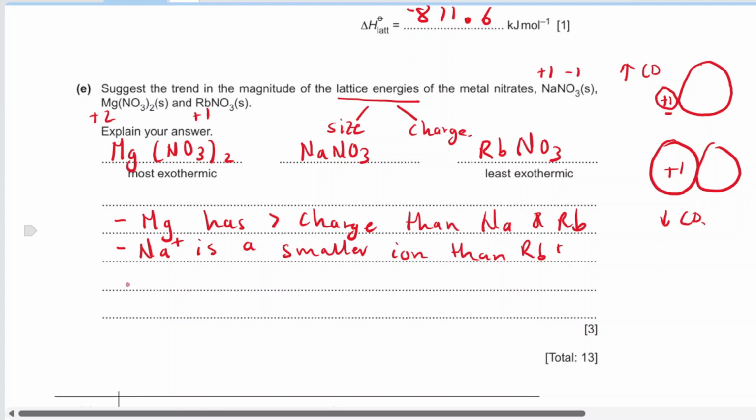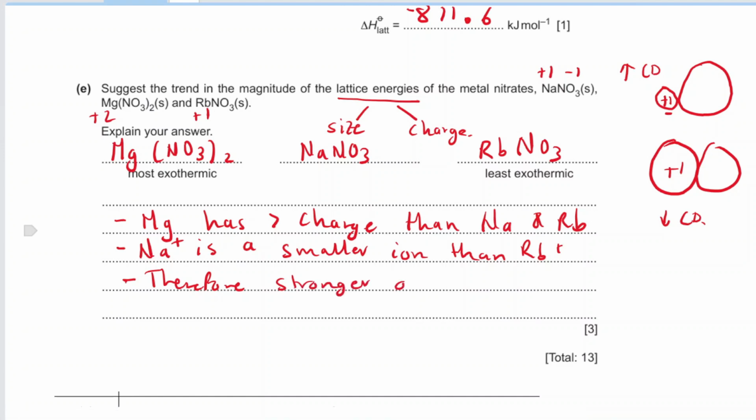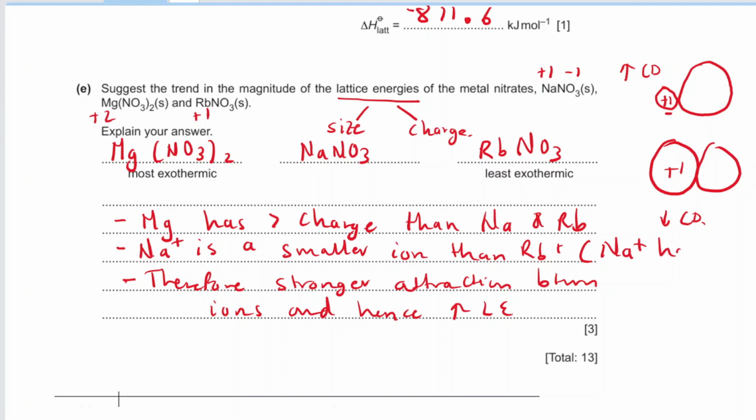And therefore, stronger attraction between ions, and hence greater lattice energy. You can also add charge density over here. So Na+ has a higher charge density, so Na+ has greater charge density, right? That's it for question one.